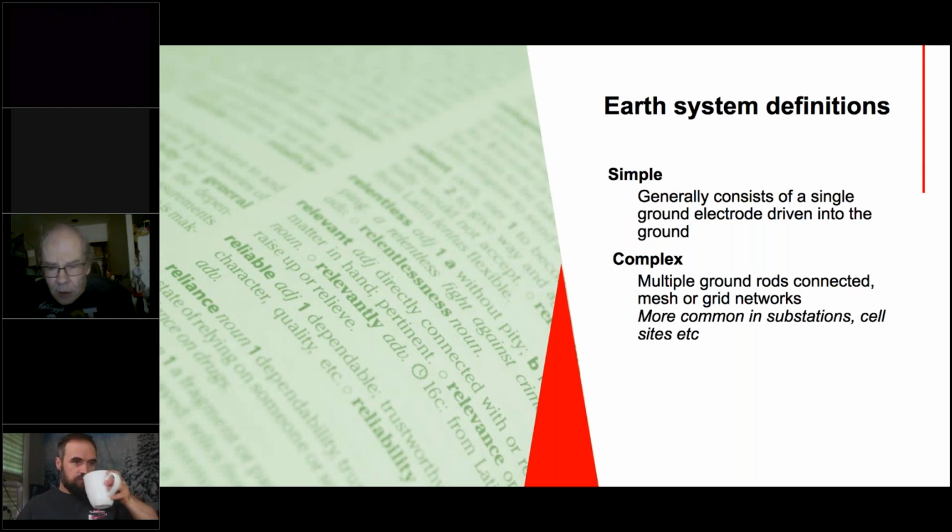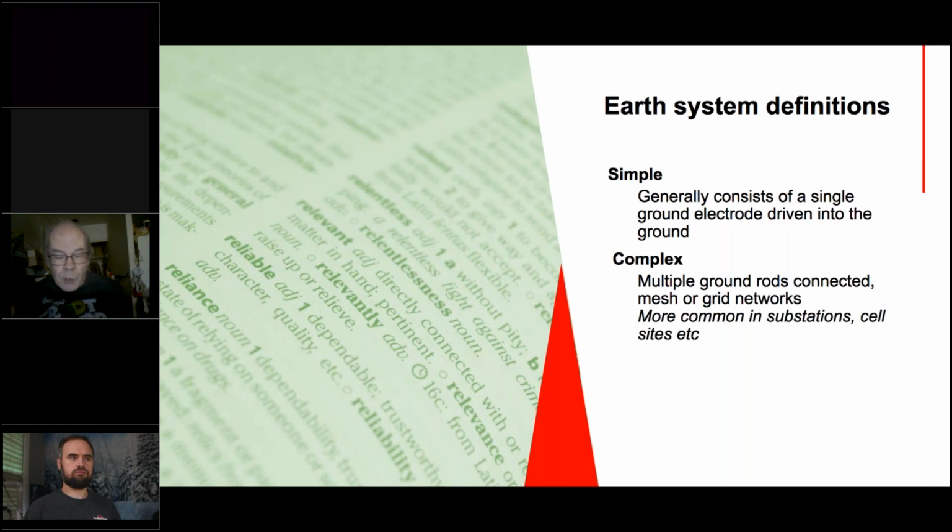The main thing on this is a grounding electrode can be something like a single driven rod, which is what most people think of, and it can also be a complex system. You can have an array of driven rods that are connected together, or you can have a grid or a mesh. The main thing to remember here is, from the standpoint of testing and maintenance, they're all pretty much the same.